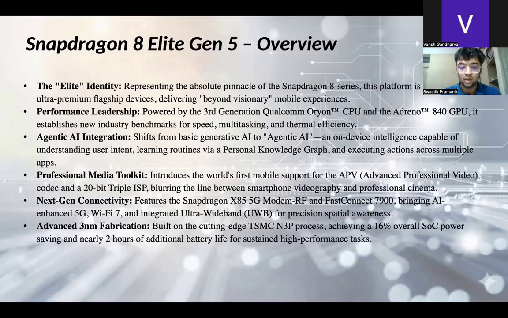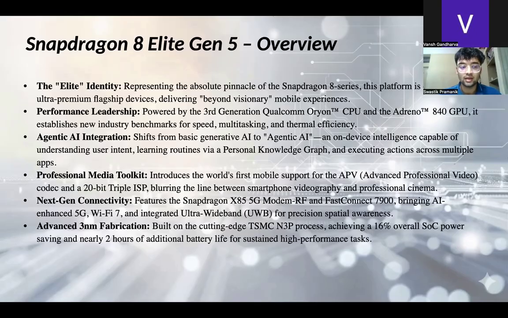Also, it is provided with a professional media toolkit, which introduces the world's first mobile support for the advanced professional video APV codec, and there is also an ISP which is 20-bit as well.